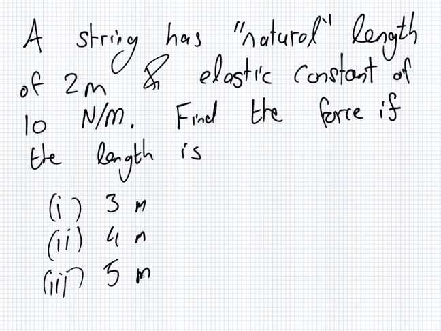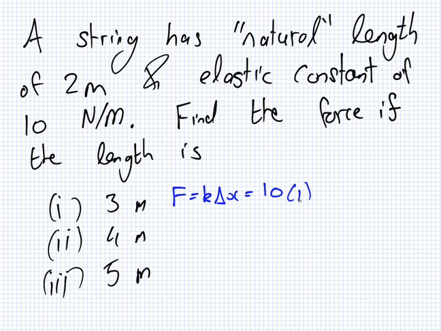So, first one here, let's write the answer beside it. What's the formula for F? It is K delta x. What's the K? 10. And what's the delta x? 1. Oh, good. I thought I was going to trick you. Tell us why it's 1 and not 3.